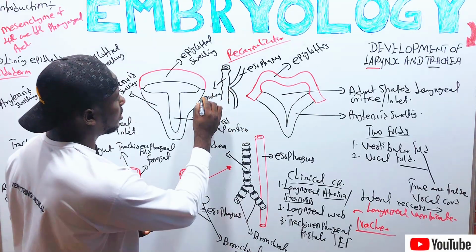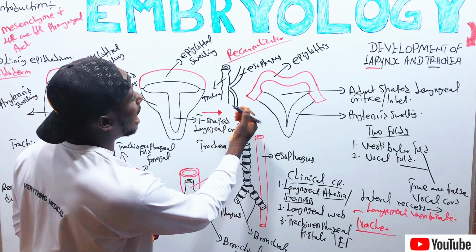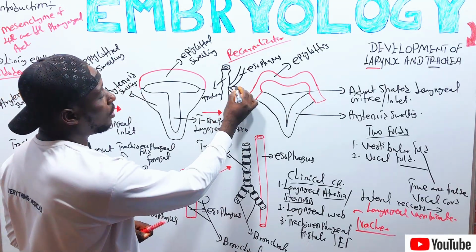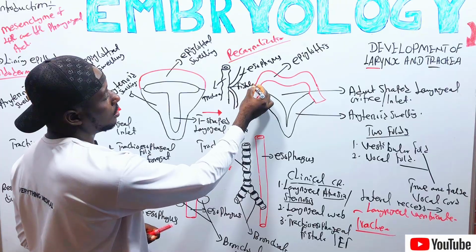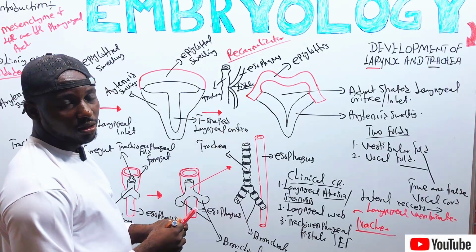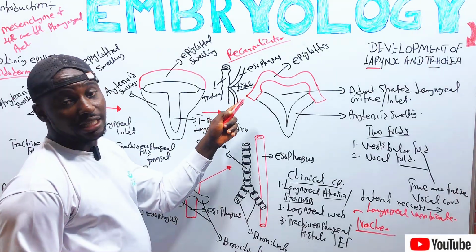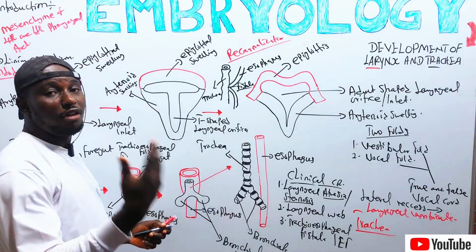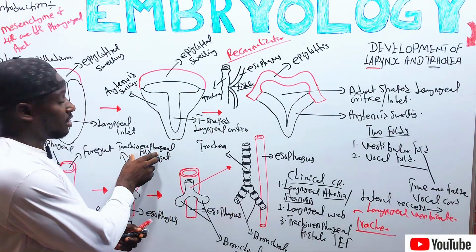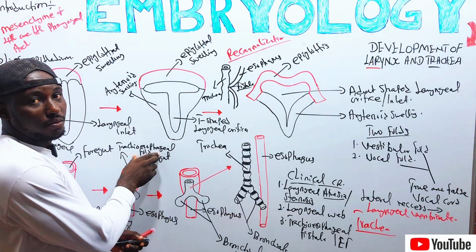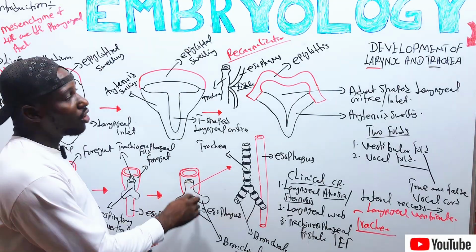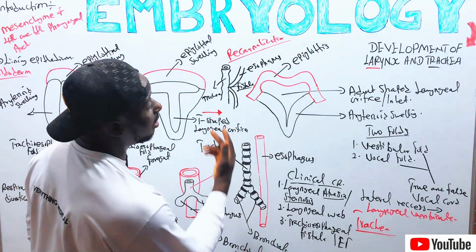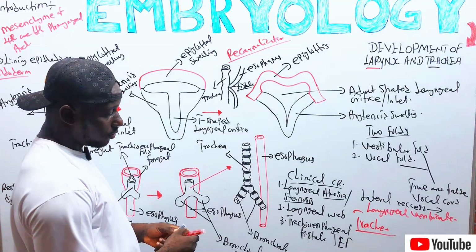So there will be an abnormal connection, and this is the point of the fistula, leading to a tracheoesophageal fistula, right? Because there is a failure of the fusion of the tracheoesophageal fold, thereby leading to defective development of the tracheoesophageal septum, causing tracheoesophageal fistula.